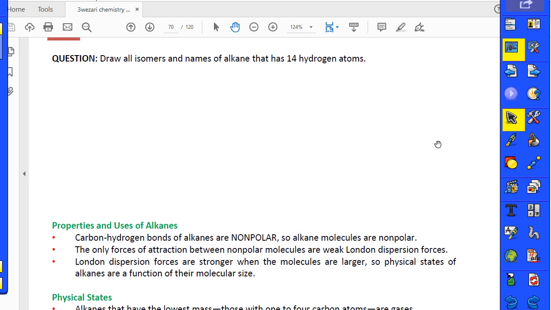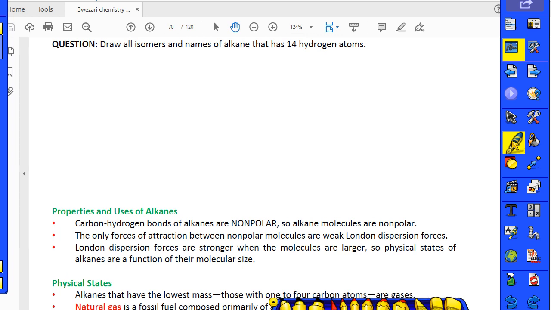Yes, the other example: draw all the isomers and name the alkane that has 14 hydrogens. Guys, as we know, the formula of the alkane is CnH2n+2. So if you have 2n+2 hydrogens, you need n carbons.